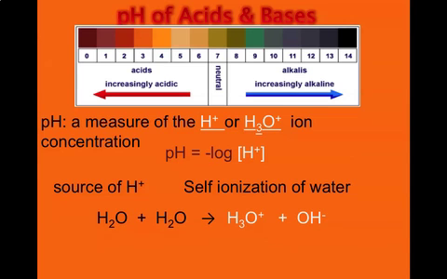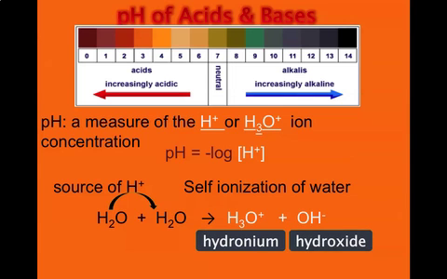So if you have two water molecules, one's going to give the other one of its hydrogens, and then it becomes H3O plus on one of them and OH minus on the other one. So the one has the extra hydrogen. That's called hydronium when it has 3 hydrogens, and the OH we should recognize as being hydroxide.